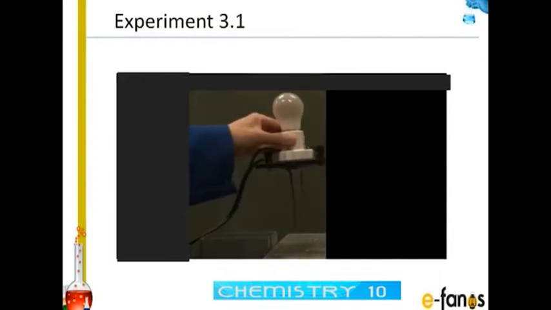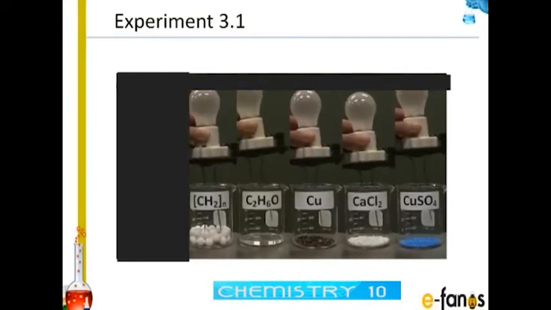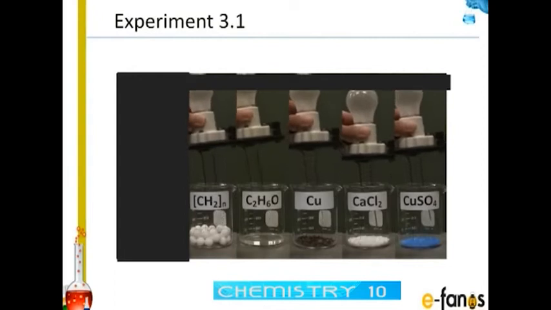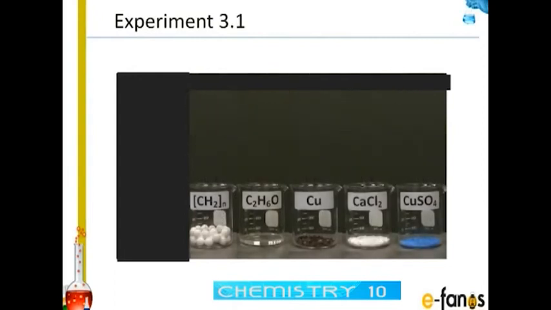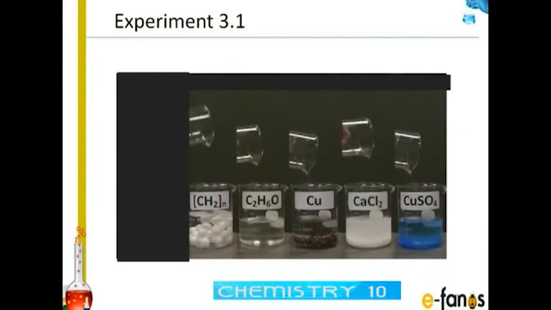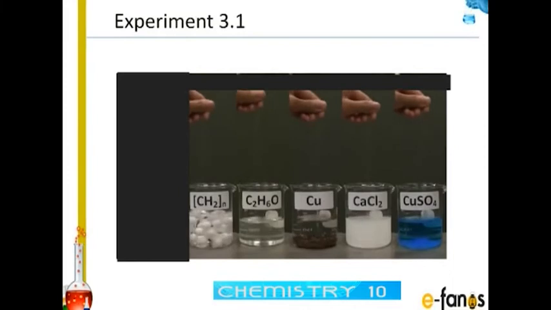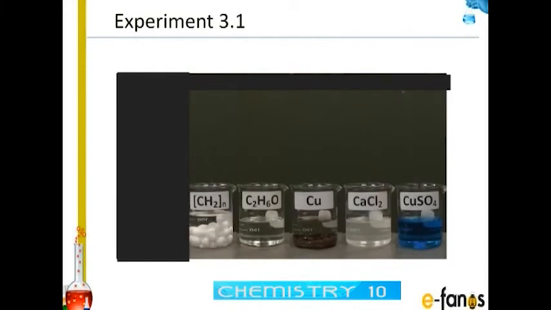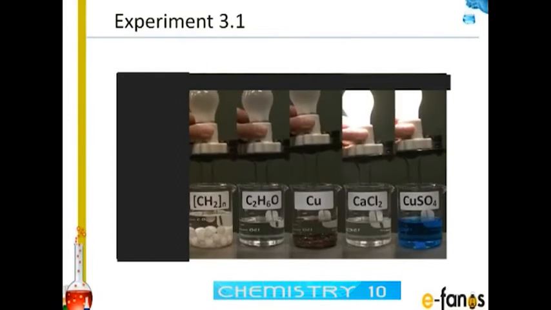And the only material that lights up in this case is solid copper. And again, we're creating some solutions. And now our calcium chloride and our cupric sulfate also conduct electricity.